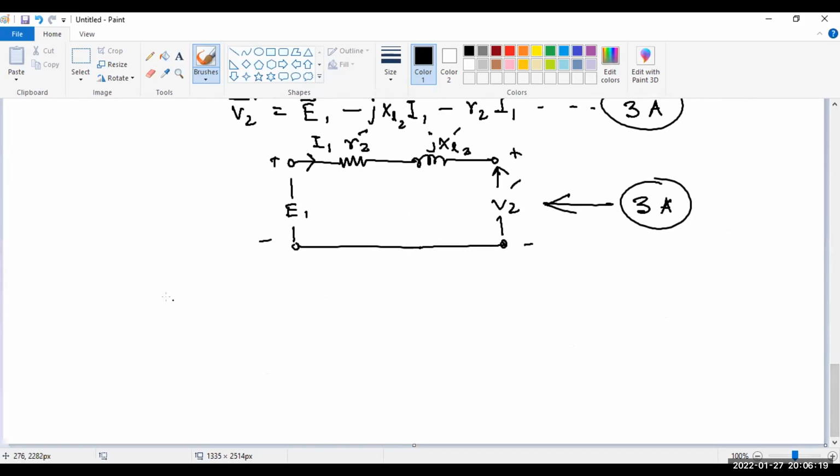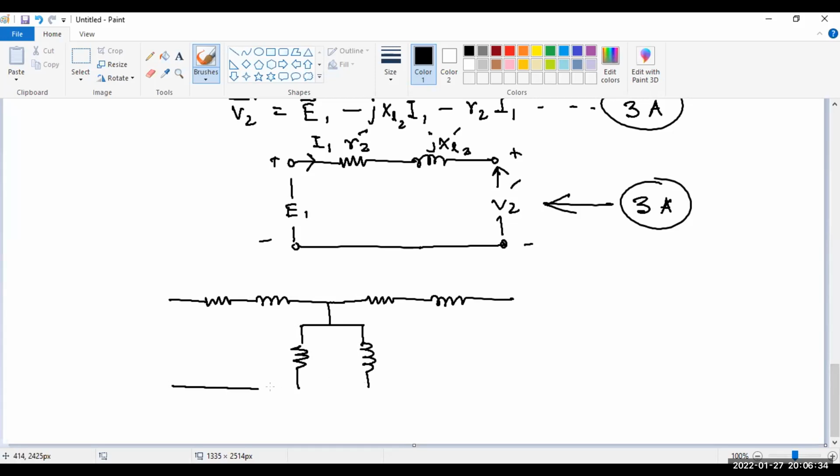Let me draw quickly because I don't have much time. From the basic principles, I don't know what standard terminology is used, I am drawing only from the basics.